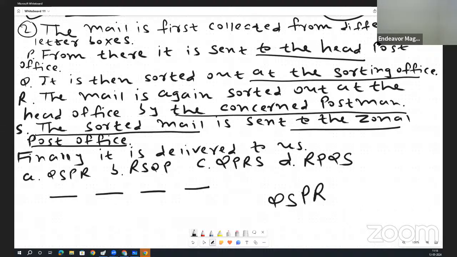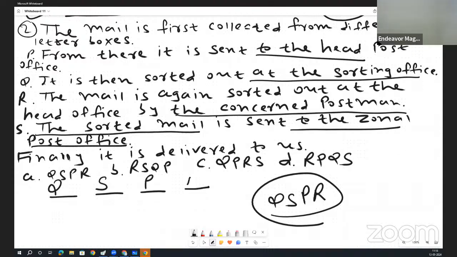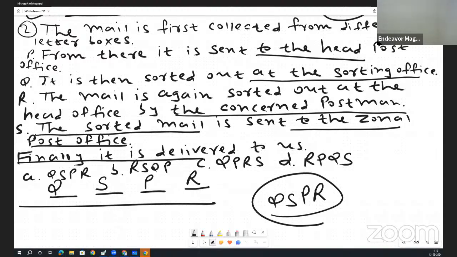So the right combination should be, students, Q, S, P, and R. And let me give you one hint, students. The final statement is, finally it is delivered to us. Now, who delivers post or letters to us? A postman. So here R should be fixed.